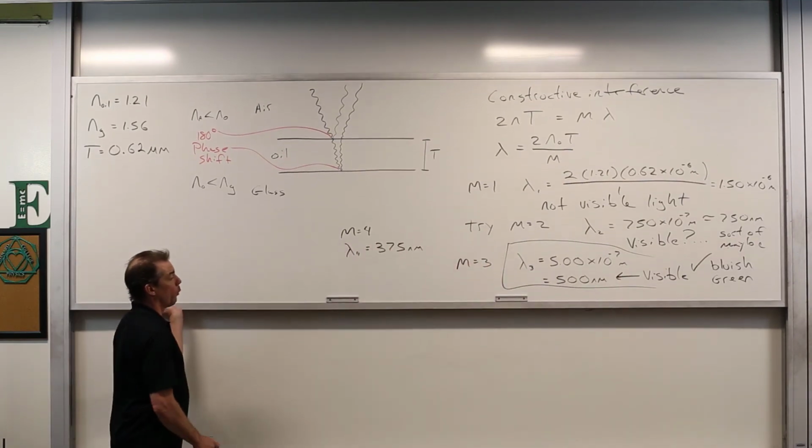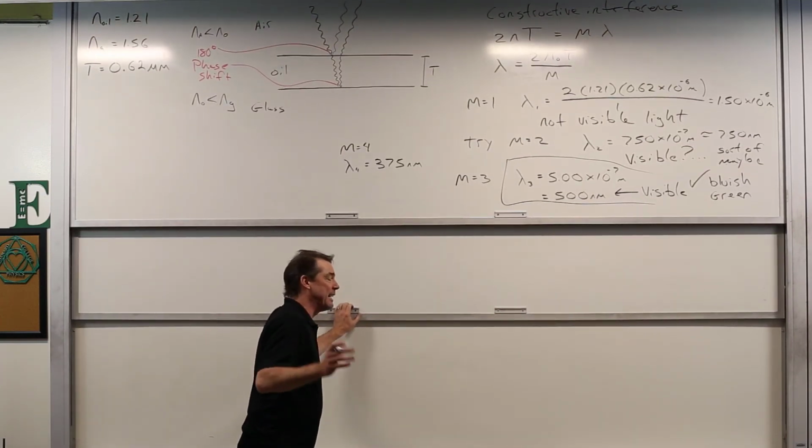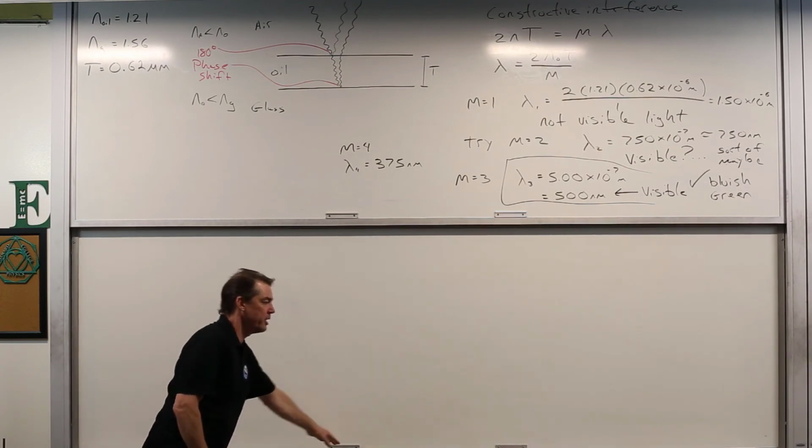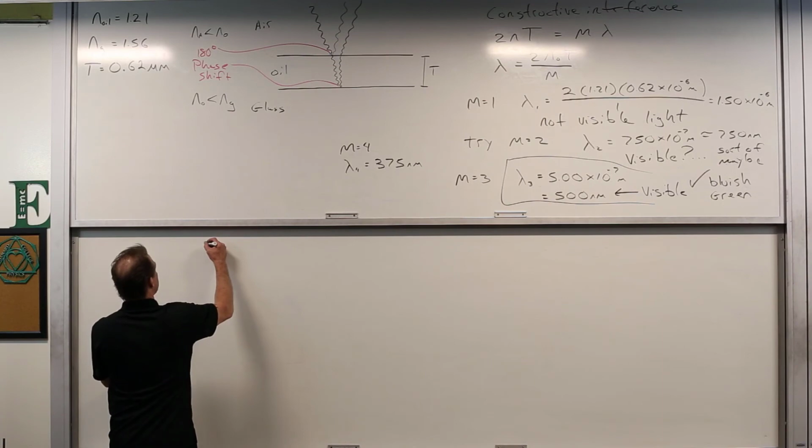Strong reflection. What about weak reflection? Which wavelengths of light in the visible region undergo the most destructive interference?